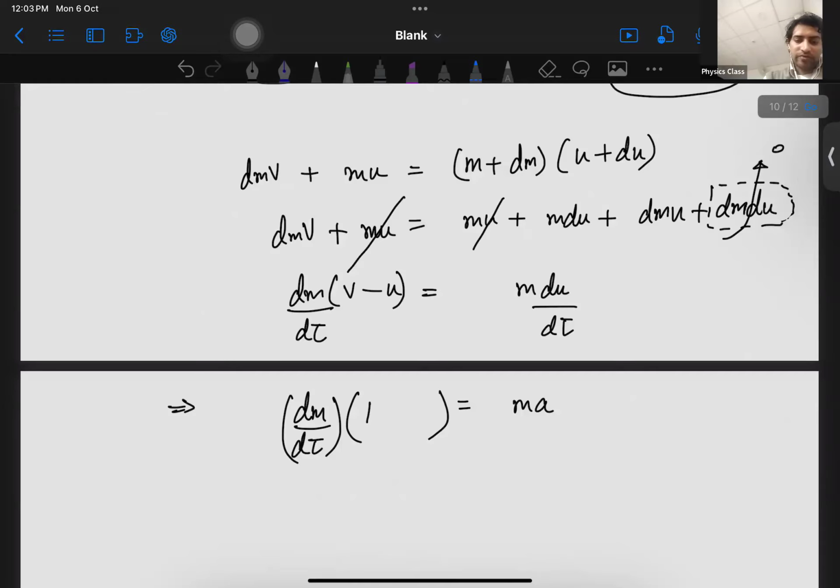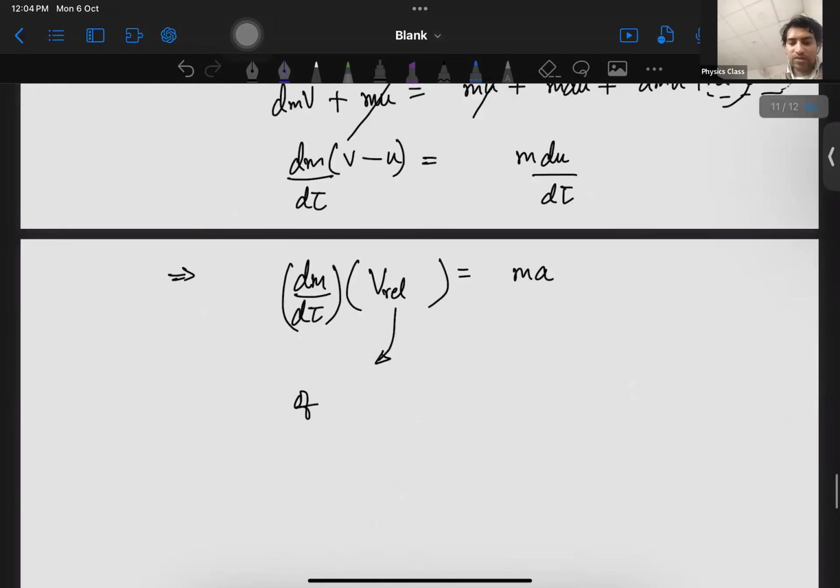We call it v relative. It's not u relative, it's v relative of the particle, which is either entering or exiting the system, relative to the system.